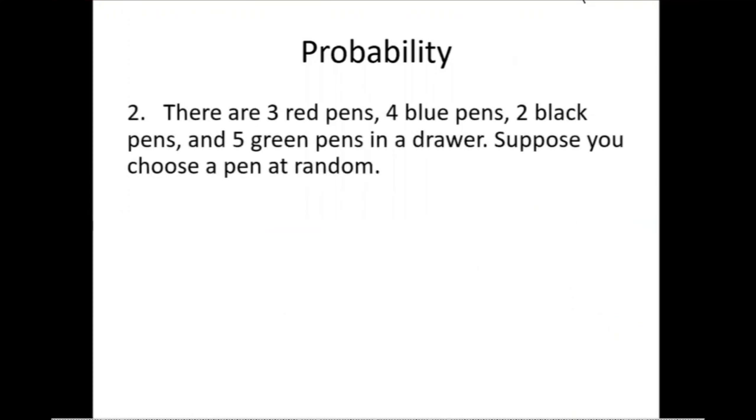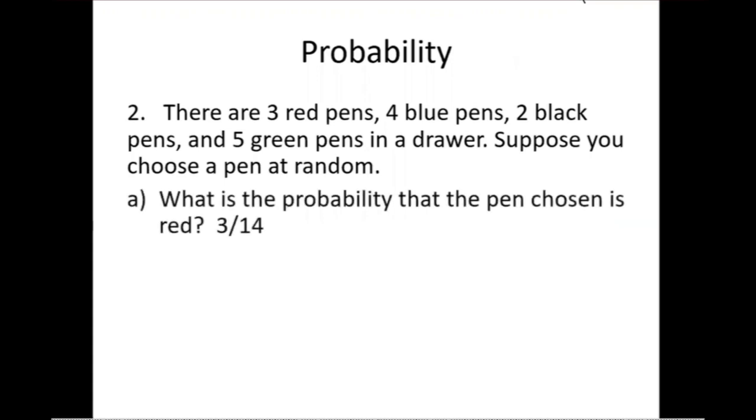Next, number 2. There are 3 red pens, 4 blue pens, 2 black pens, and 5 green pens in a drawer. Suppose you choose a pen at random. What is the probability that the pen chosen is red? So, ang sagot natin ay 3, kasi yung red pens 3 out of 14.